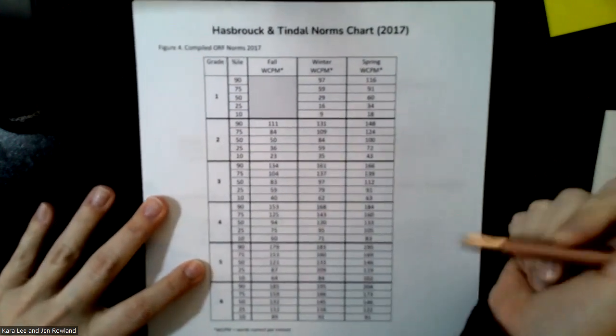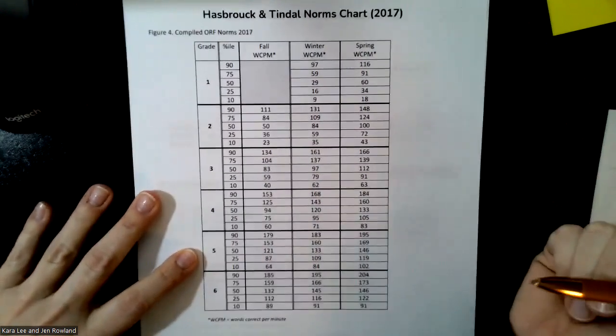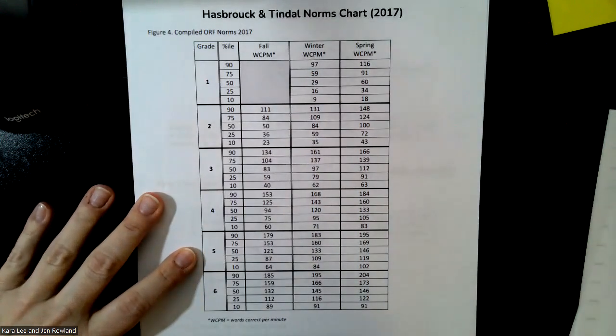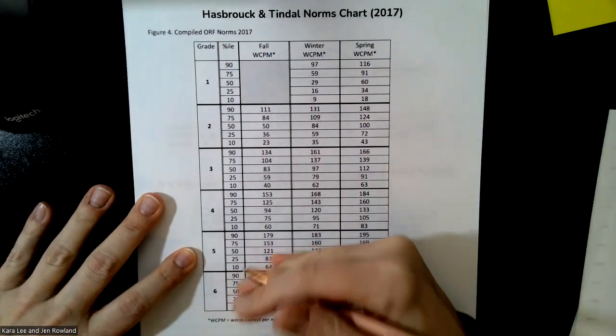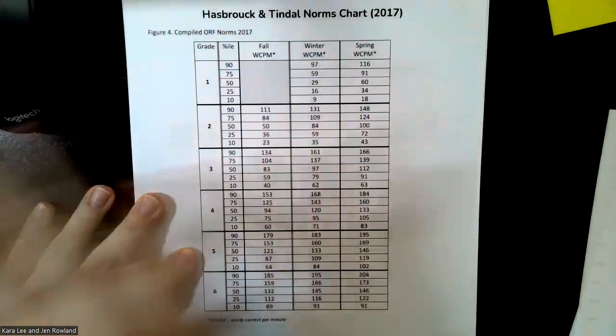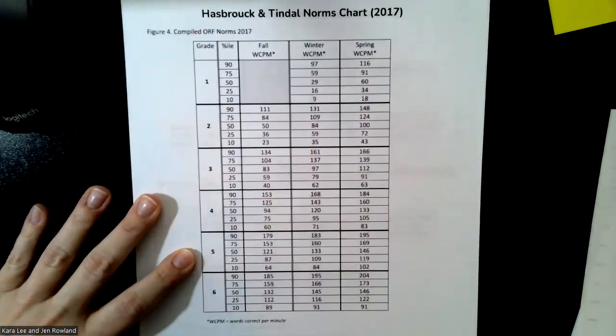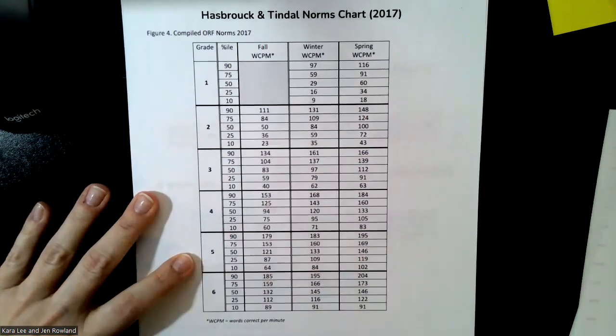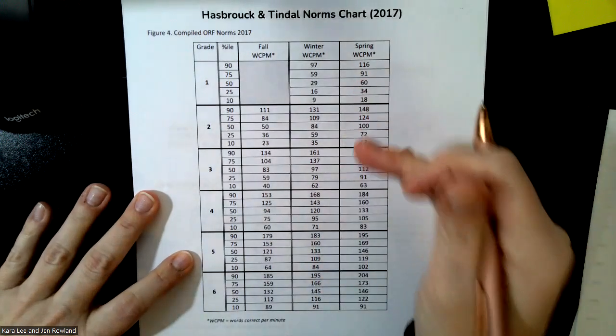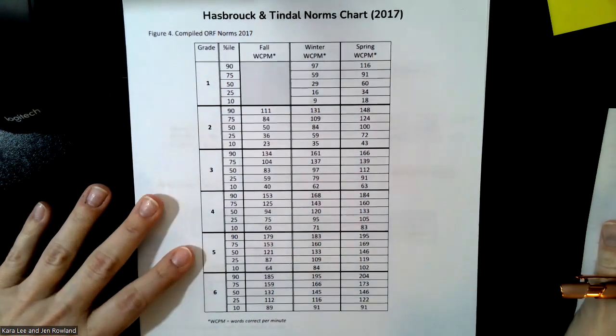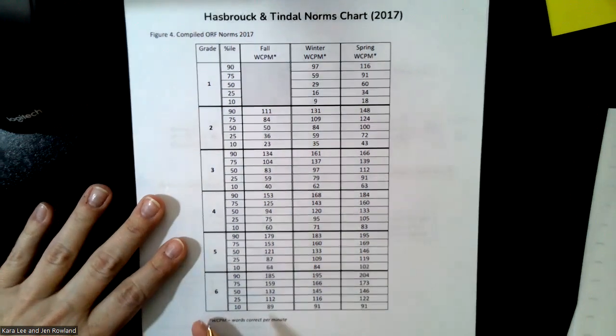Now, remember guys, just because my student is in the 5th grade does not mean anything for any of this. I'm always basing my decisions on whatever grade level text I'm assessing them on, not the grade level they're in.